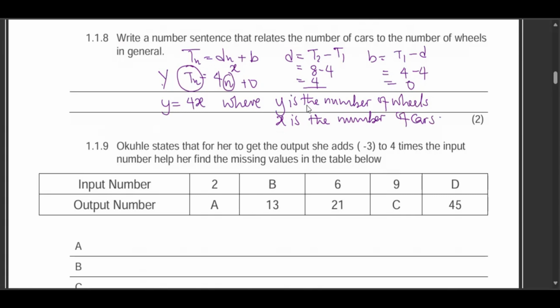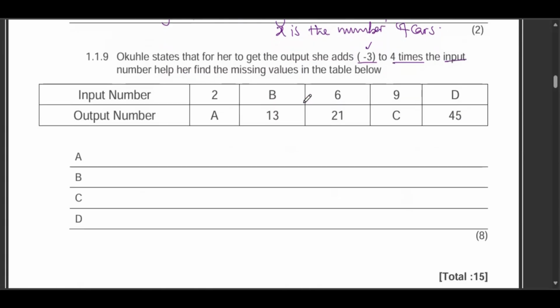All right, 1.1.9. She states that for her to get the output, she adds -3 to 4 times the input number. Help her find the missing values. Here we go. Let's look at that.